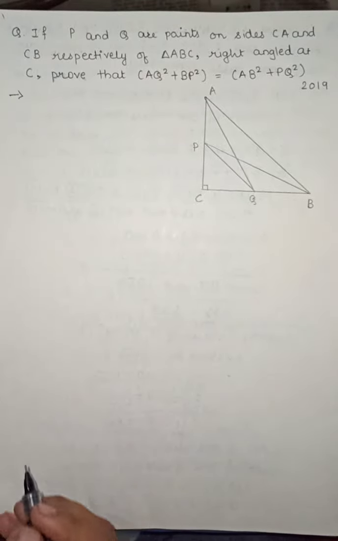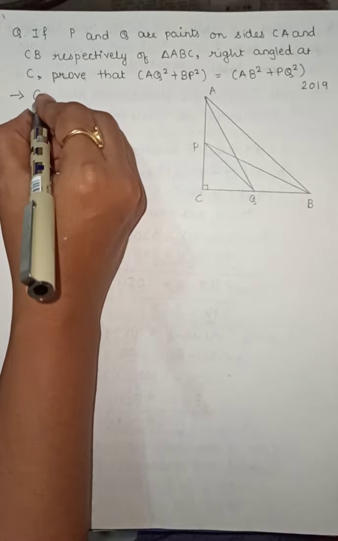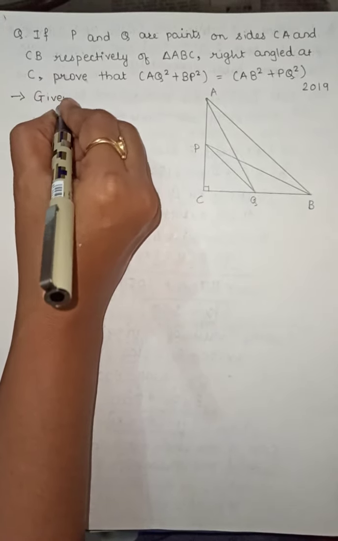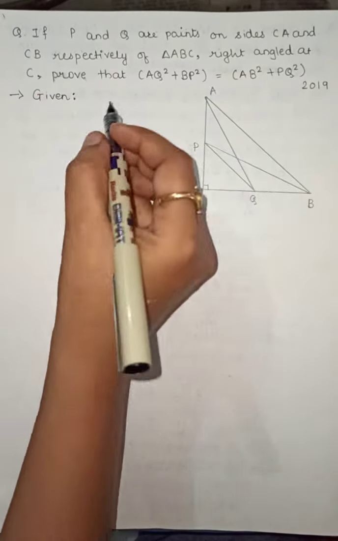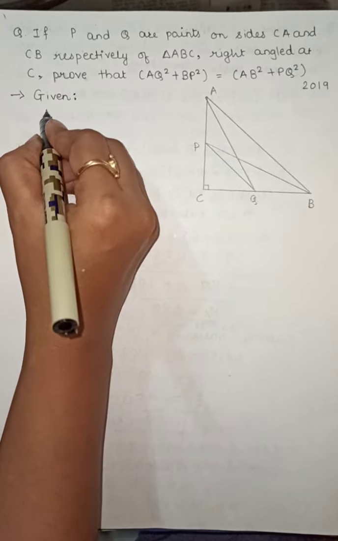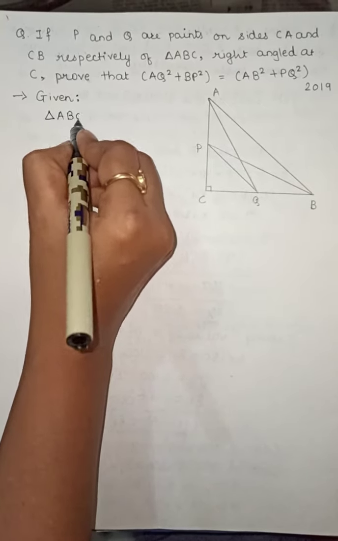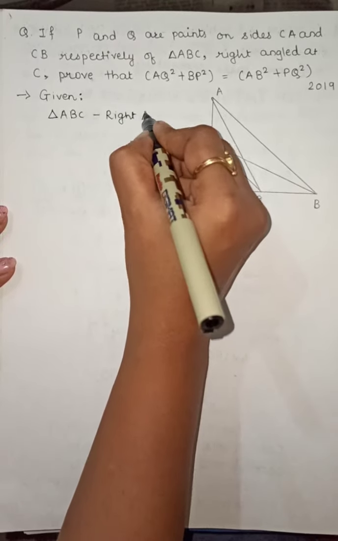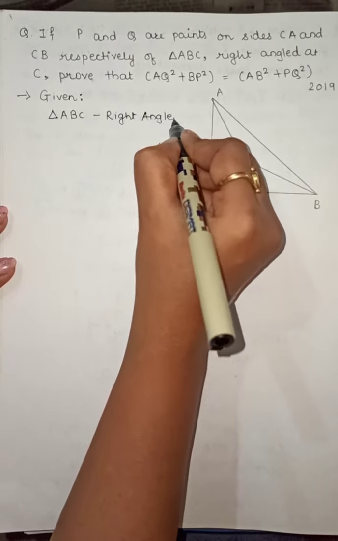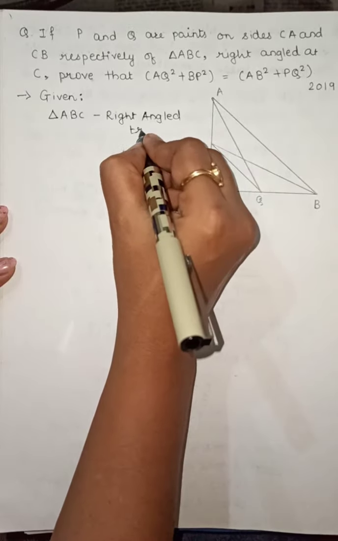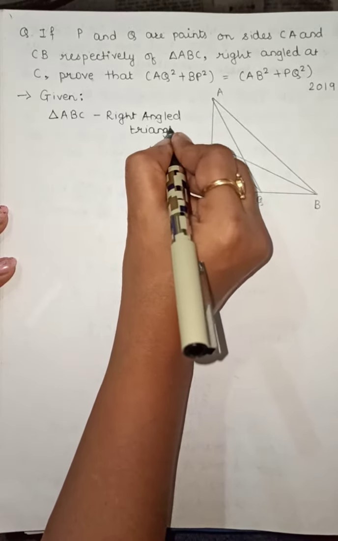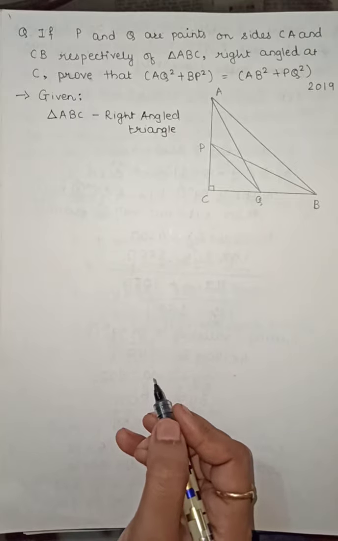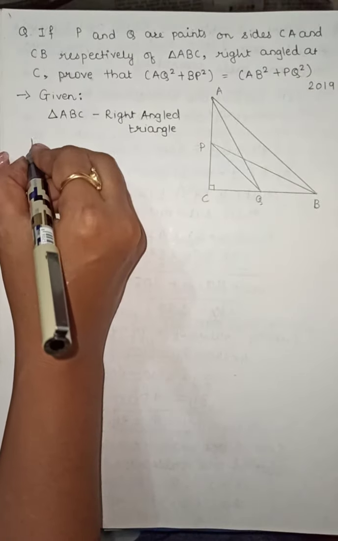So before proceeding to any geometrical question, you are always supposed to write whatever is the given and whatever you have to prove. So the given thing is triangle ABC is a right angled triangle. Okay, you are not supposed to write down that point P is on AC and Q is on BC, that you are not supposed to write.